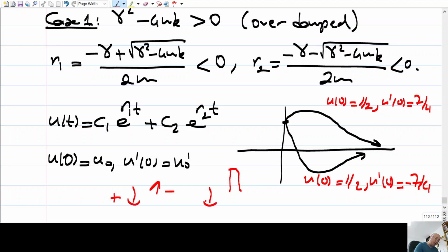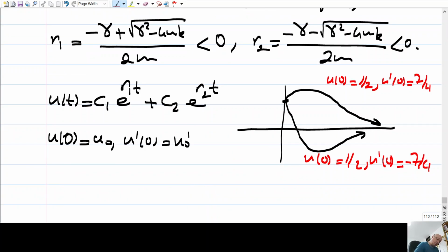And if I push it downward with positive velocity, it will go down and then come back to the rest position. There are no oscillations. The object will move to the equilibrium position, the rest position, really quickly because of these exponential terms. All right, so this is the picture.